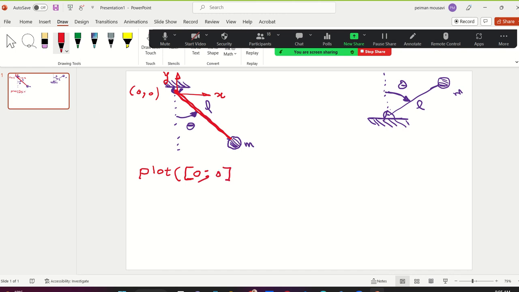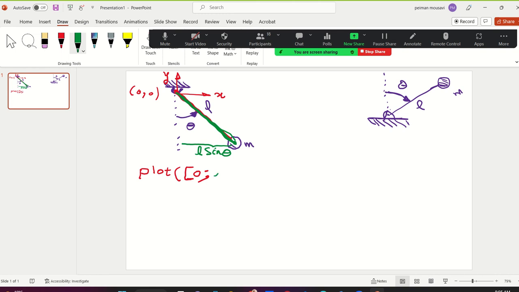This is x. And now the position of this point, because you have one line. Position of this point with respect to the origin is how much? x is L sine theta.